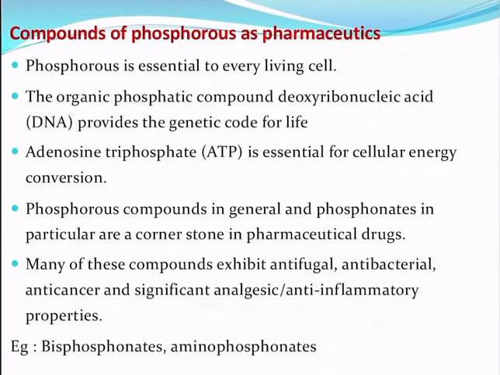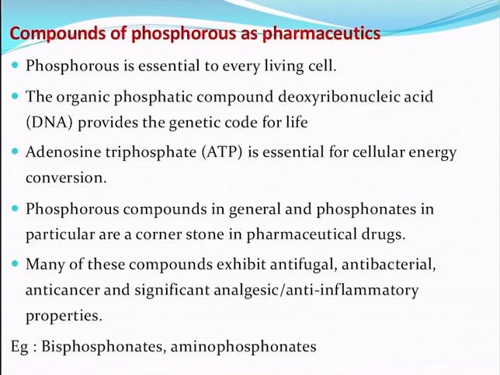Next is compounds of phosphorus as pharmaceutics. Phosphorus is essential to every living cell. The organic phosphate compound deoxyribonucleic acid, what we call DNA, provides the genetic code for life, and adenosine triphosphate, ATP, is essential for cellular energy conversion.